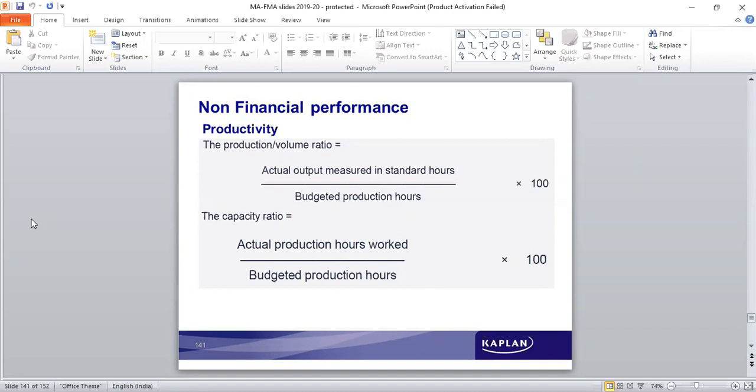Let's say the numerator is double the denominator, 2 is to 1. So the numerator is double the denominator. So the expression could be anything, the way we want to express that, depending on what we have done in the ratio calculation. We can also multiply it by 100 or not multiply it by 100. That is also fine.